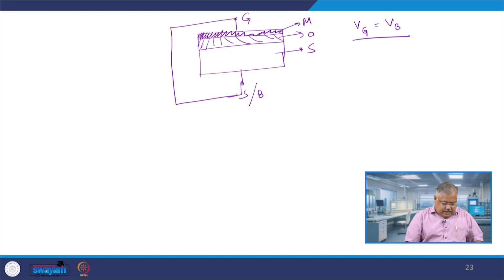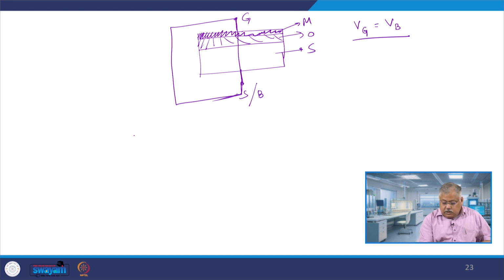Once you have done that, let us move from this terminal inside through the substrate or body, and then we come back again to the gate material.